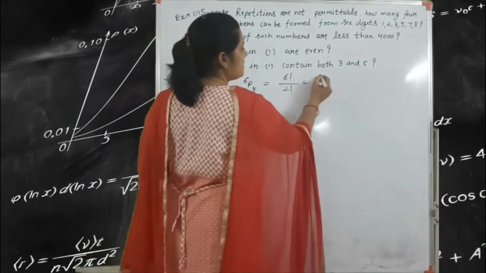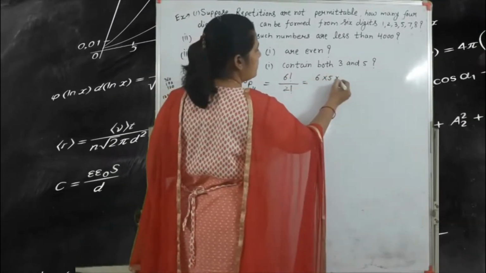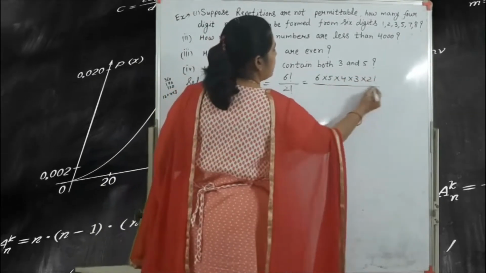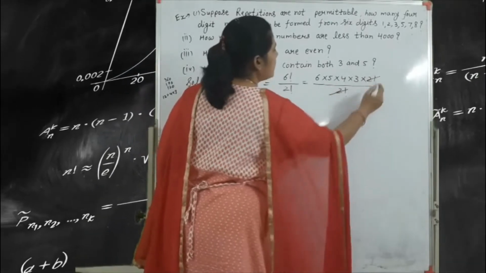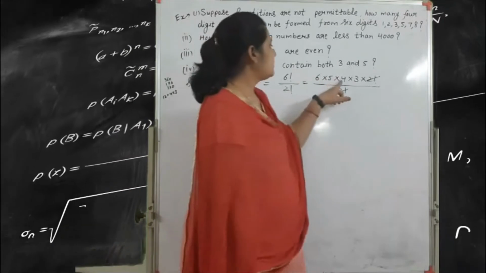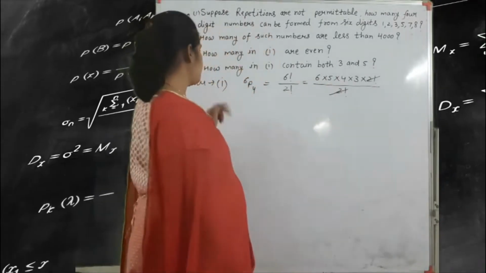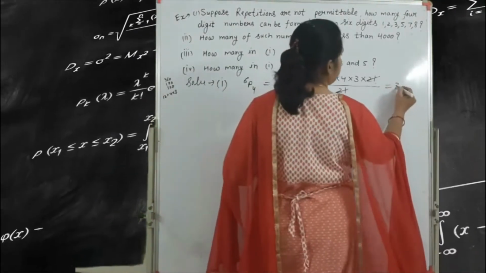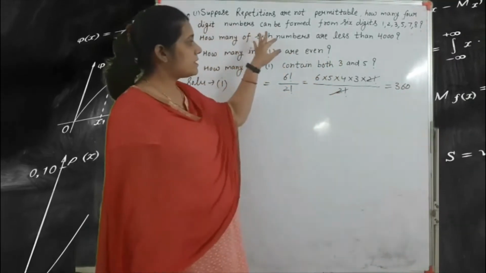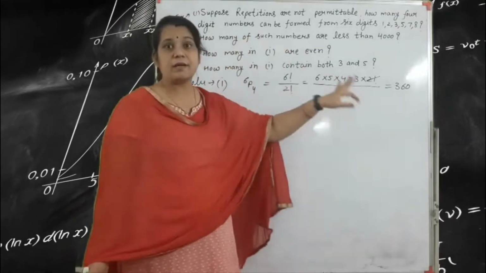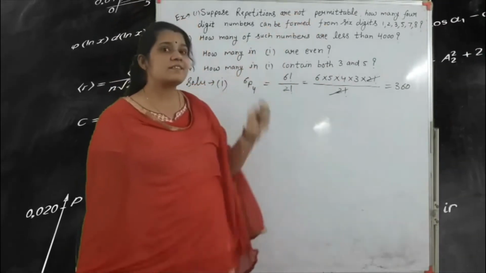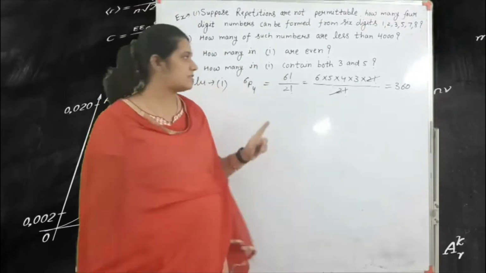Open the terms: 6 into 5 into 4 into 3 into factorial 2 divided by factorial 2. 6 times 5 is 30, 30 into 4 is 120, 120 into 3 is equal to 360. So we find 360 numbers from the 6 digits. This is the first answer.